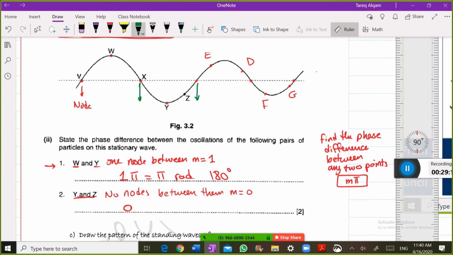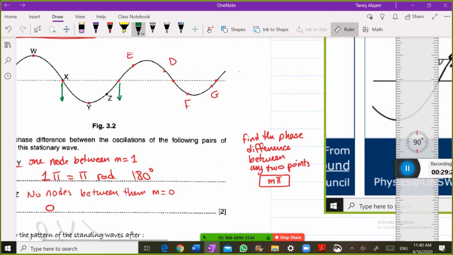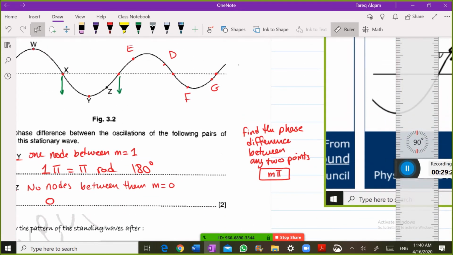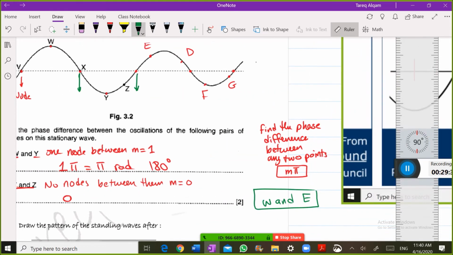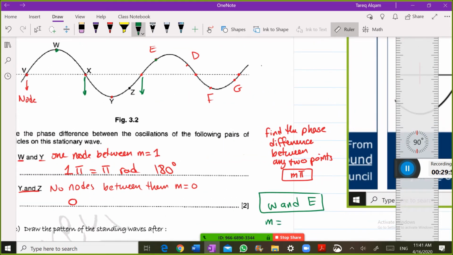If I consider another pair of points, guys, W and E, and I want to find the phase difference between W and E. This is W, this is E. How many nodes between them? Yes, exactly, 2 pi. How many nodes here? 1, 2.